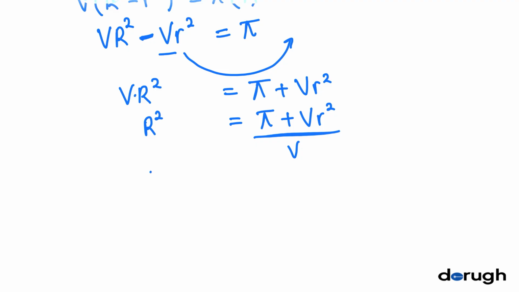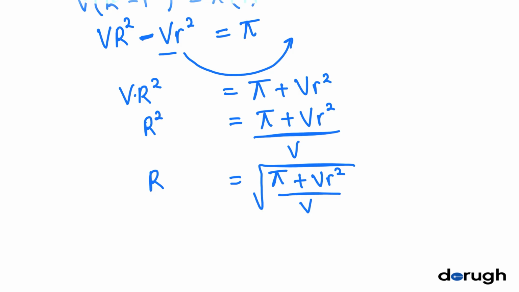And that gives us our Raymond. Raymond is free, equals the square root of pi plus V red square all over V.